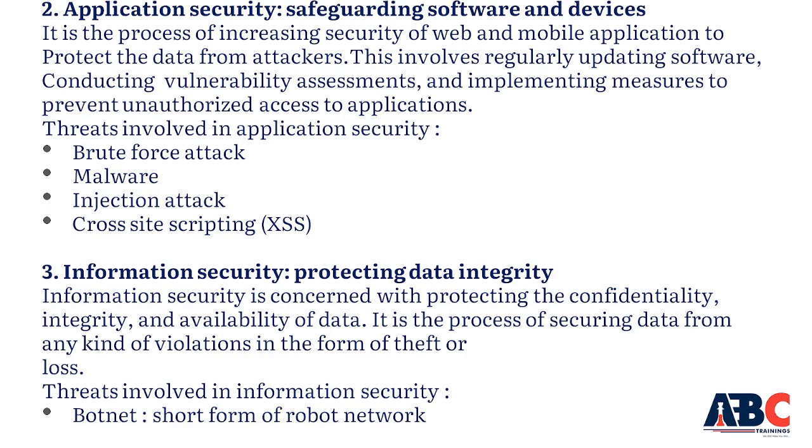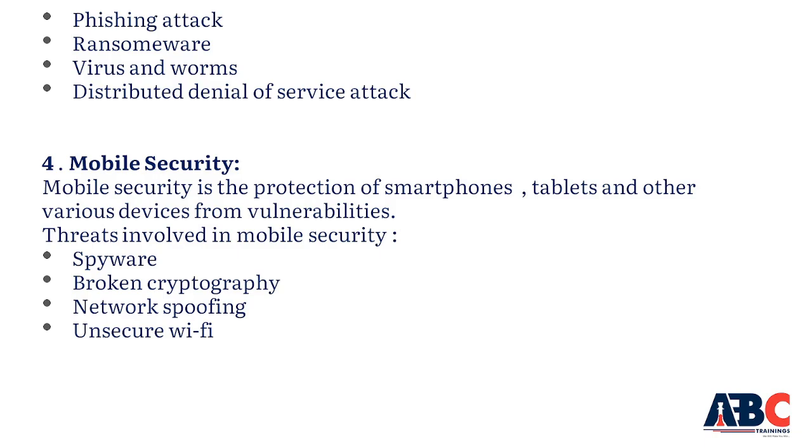In that process, we need to secure our data from attackers or hackers. The threats involved in information security are botnet, which is short for robot network, phishing attack, ransomware, viruses and worms, and distributed denial of service attack, that is DDoS attack.